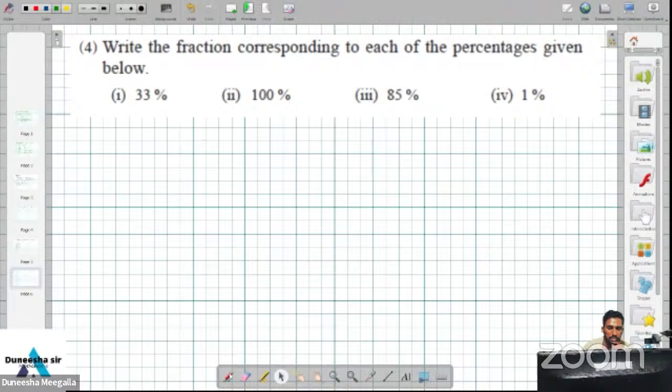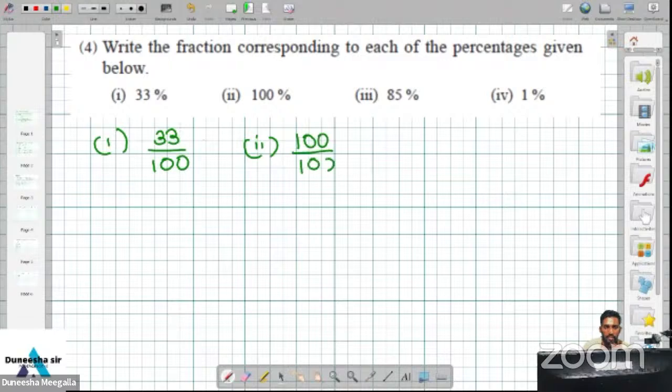First one, what is the fraction? 33 over 100. Second one, 100 over 100.